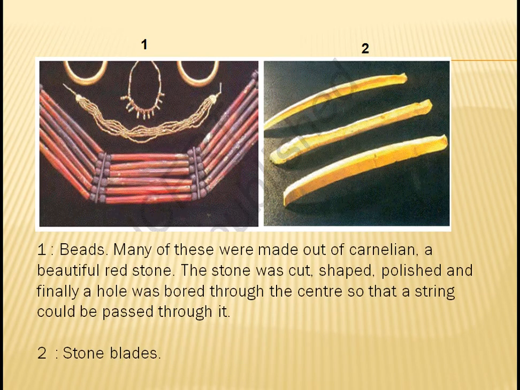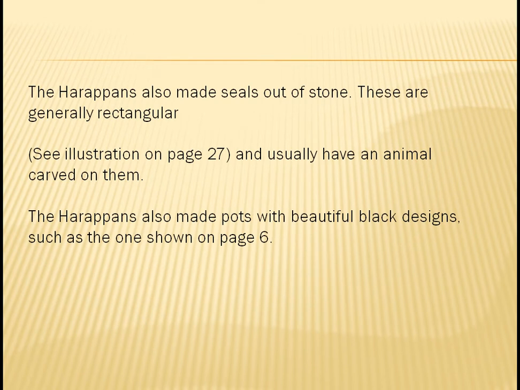Next, these are the ornaments and stone weights. Next, the Harappans also made seals out of stone. These are generally rectangular, which we had already seen in the illustration on page number 27.